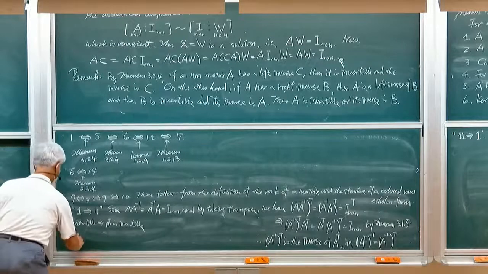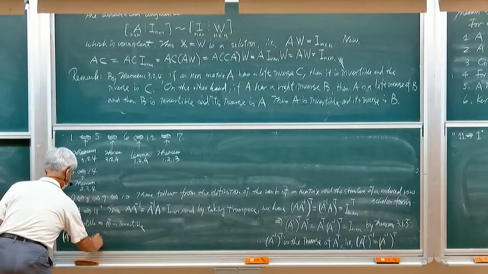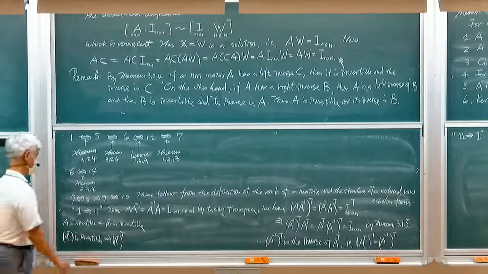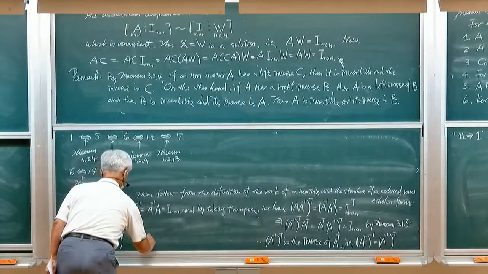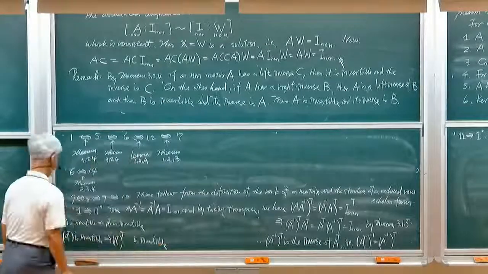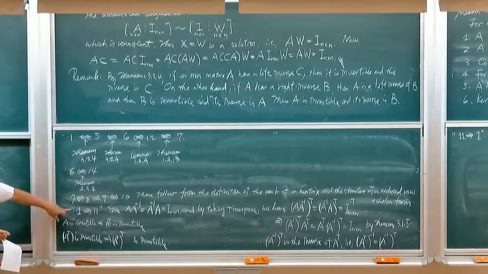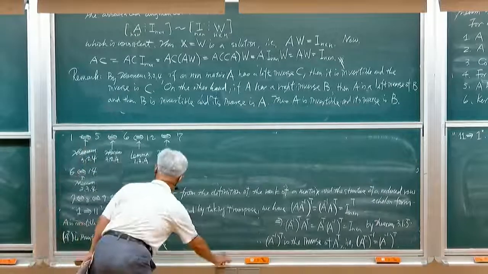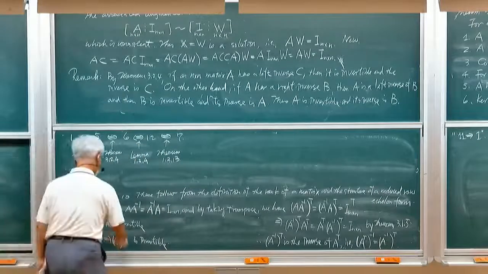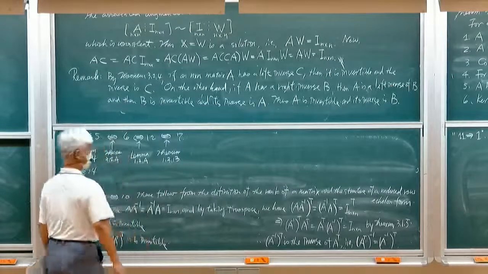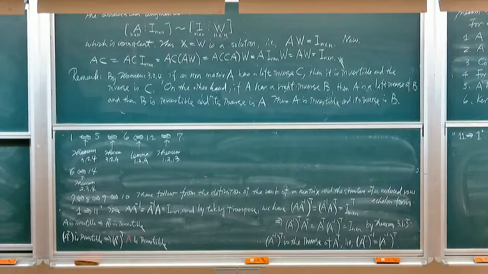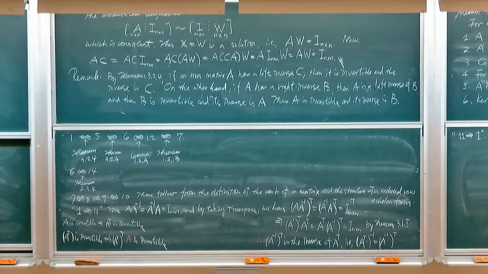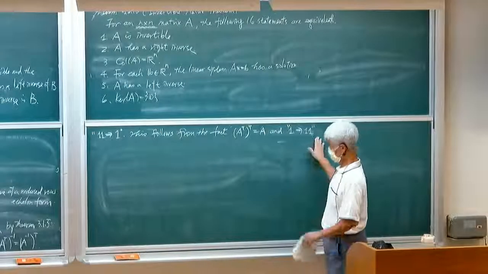So A transpose is invertible implies the transpose of A transpose is invertible. Right? But A transpose, when you take the transpose again, is equal to A. So we have done.